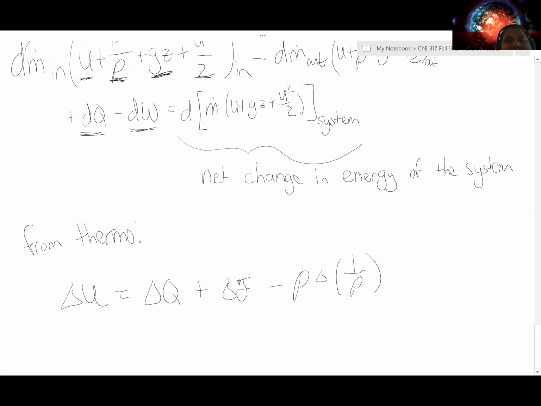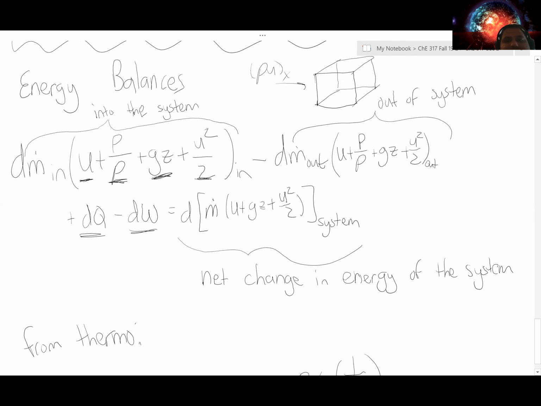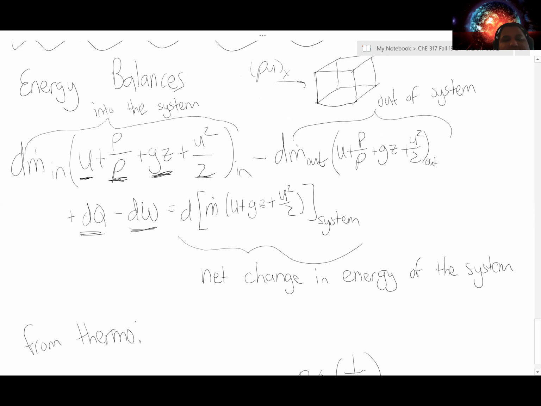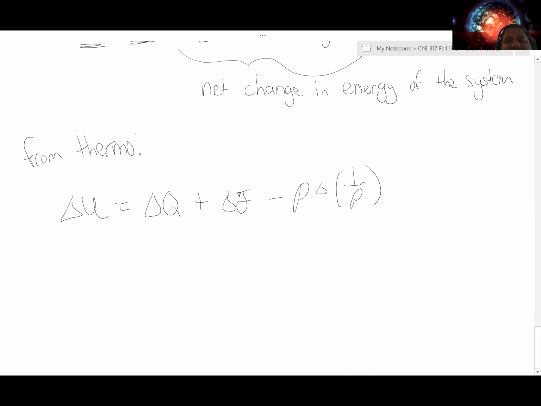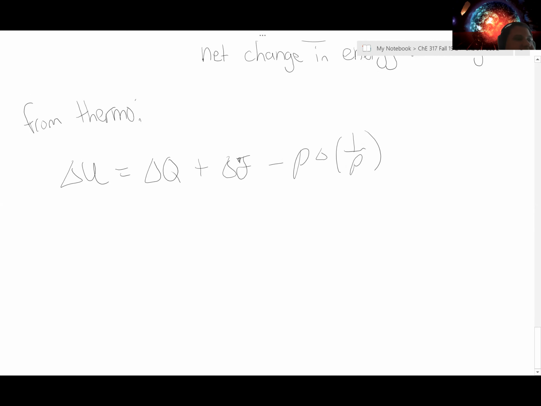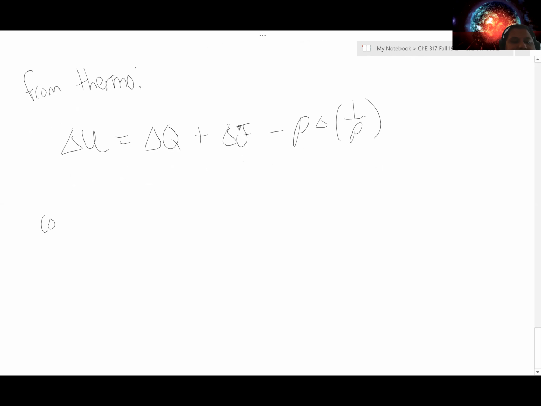So if we combine these two principles associated with a differential energy balance and looking at a change in state, we can be left with an expression that looks like this.